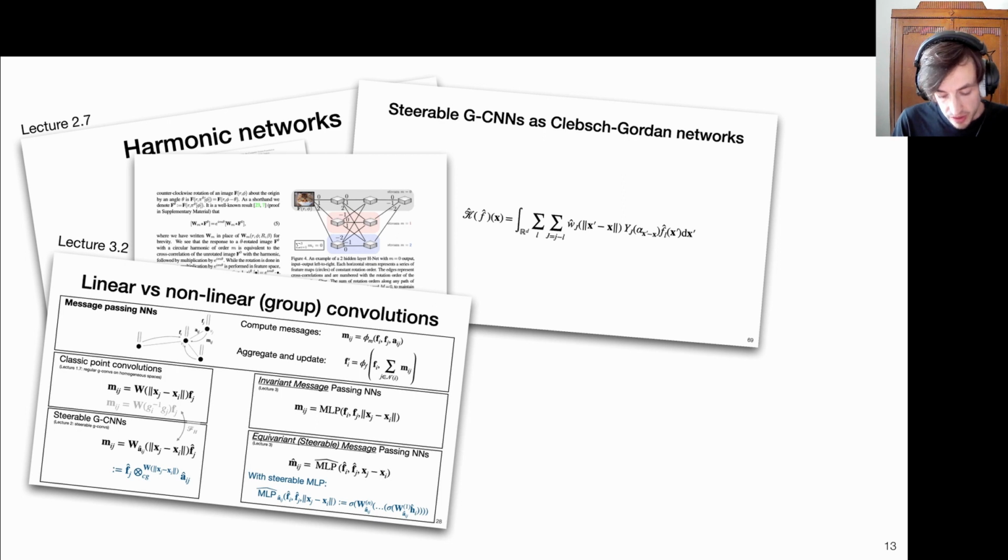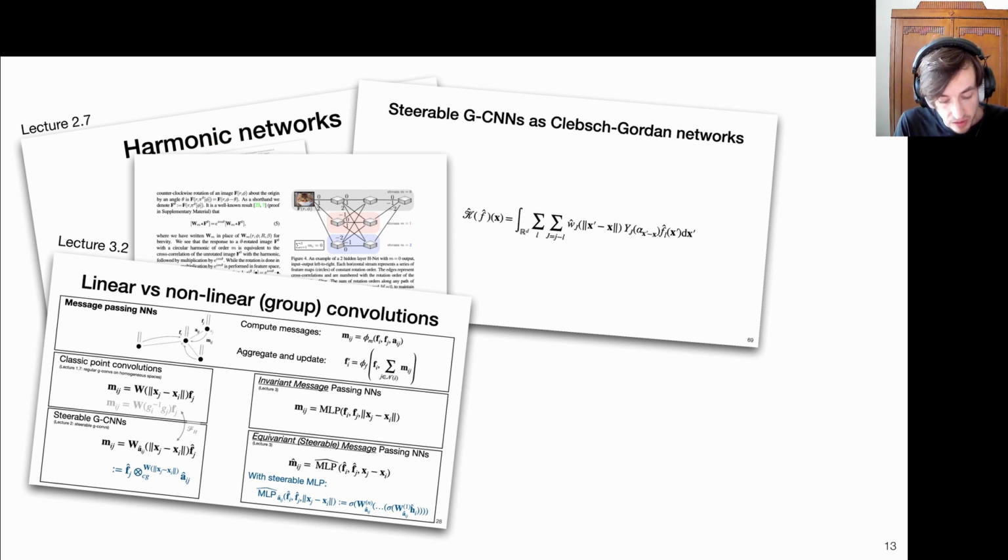And now with this Clebsch-Gordan tensor product in place, we are also able to code up steerable graph neural networks, really as a type of steerable group convolutional neural networks, where we saw, as before, we have a steerable feature vector, and a steerable attribute embedding, for example, through spherical harmonics, or as we have seen before, via circular harmonics.